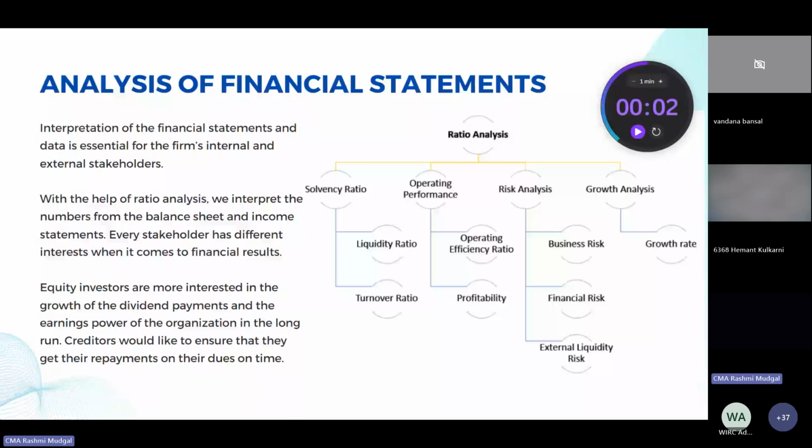Creditors may like to ensure that they get their repayments on their dues on time. With the help of static analysis, we interpret the numbers from the balance sheet and income statement. Every stakeholder has a different interest when it comes to the financial result. Okay, this is the analysis of the financial statement.